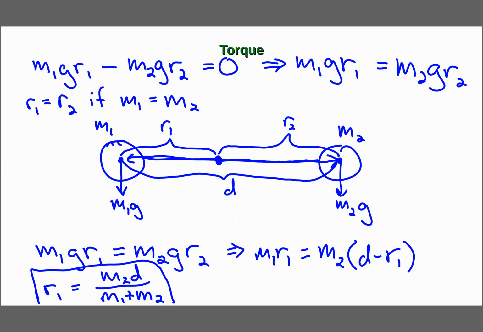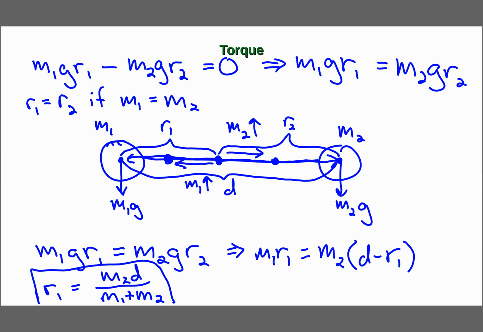Okay? And you can see from this that if I make m2 bigger, then I move the balance point toward m2. Okay? By the same token, if I make m1 bigger, we can see in my equation that I'll move the balance point this other way toward m1, right?